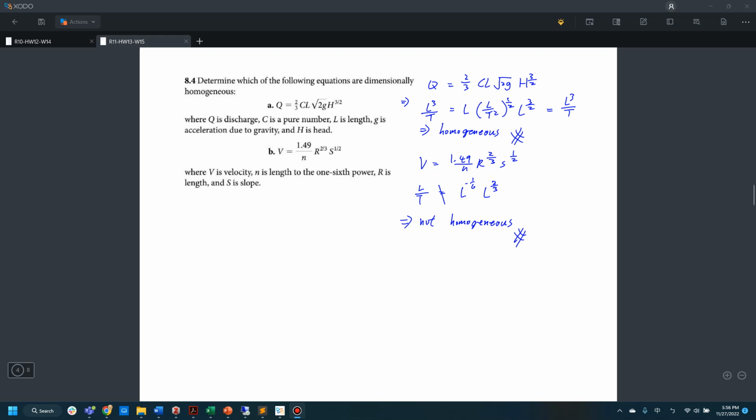Slope doesn't have any unit. If we calculate the right-hand side, you can see it does not match the left-hand side, so equation B is not homogeneous.